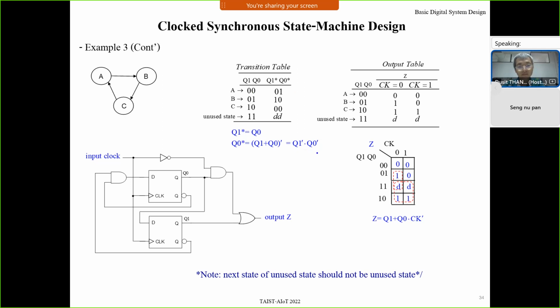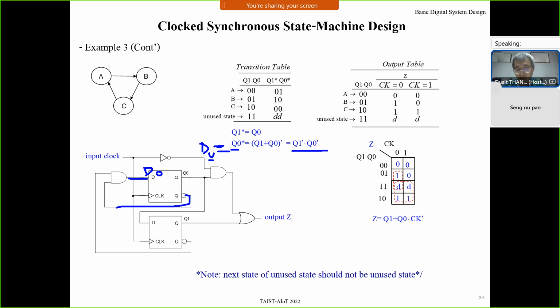Okay, so now you get the equation. From this equation you can draw the circuit diagram. D0 equal to Q0 star, so D0 equal to D1 prime and Q1 prime and Q0 prime.